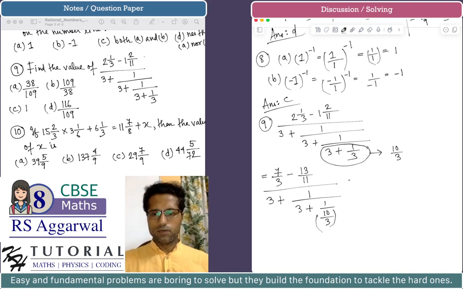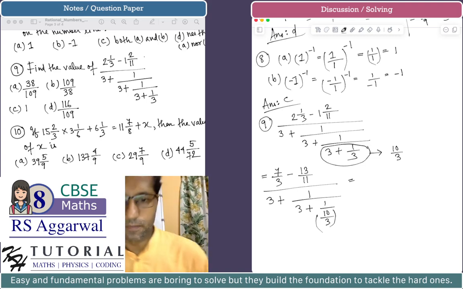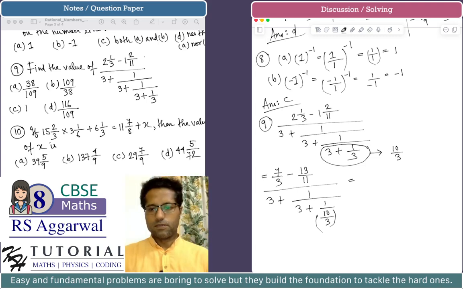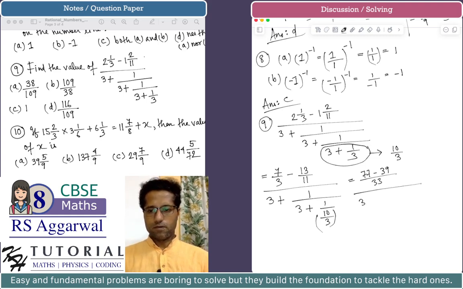So this is equal to, now let's simplify the numerator. We have 77 minus 39 by 33, divided by, let's do some further simplification of the denominator: 3 plus 1 by 3 plus 1 by 10 by 3.